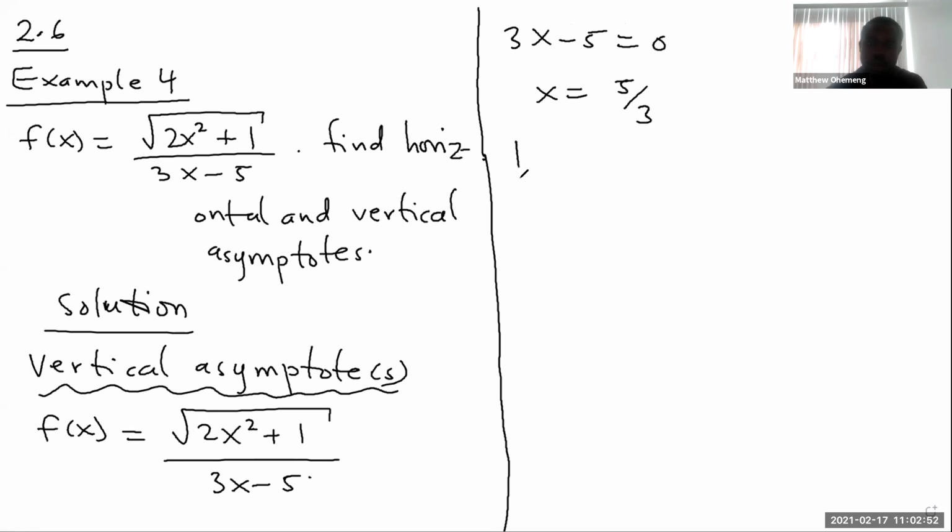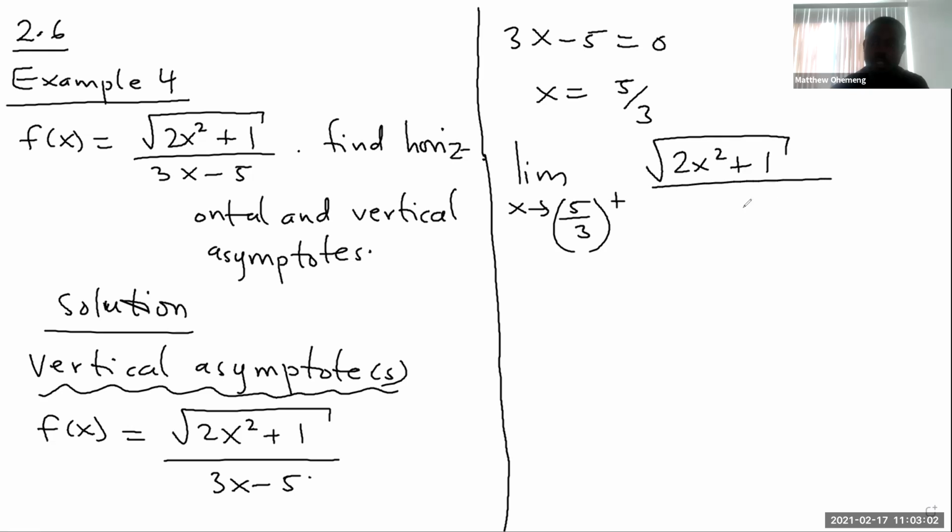I think we agreed on taking the limit from the right. So I have the square root of 2s squared plus 1, over 3s minus 5. We are just trying to find this limit to see if it's an infinite limit. What do we start with? We start by trying to plug in.